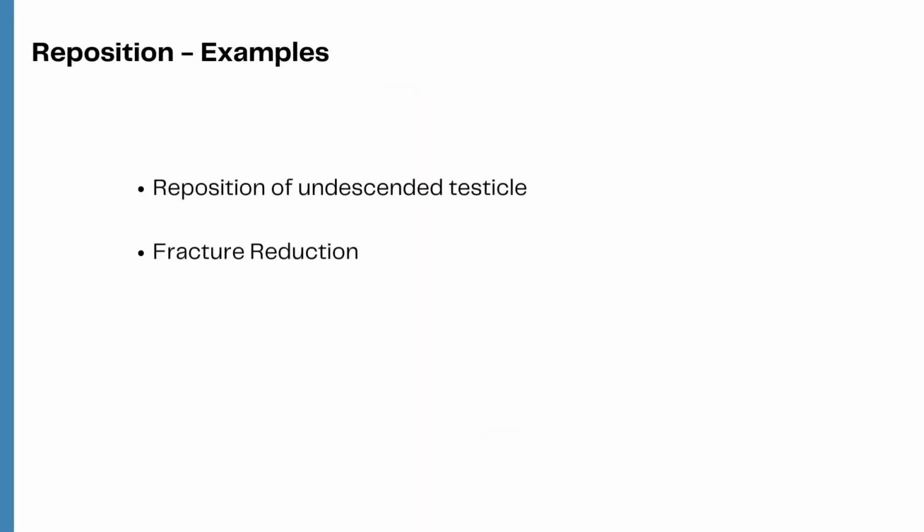Best examples for reposition: reposition of undescended testicle or fracture reduction, a classic example. All fracture reductions, closed reductions are coded to reposition as the root operation. This is one of the most important root operations when it comes to fracture coding.